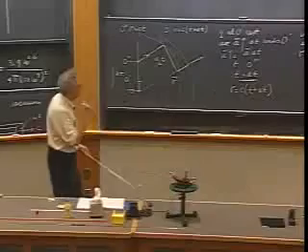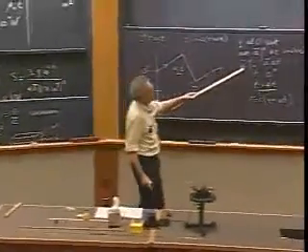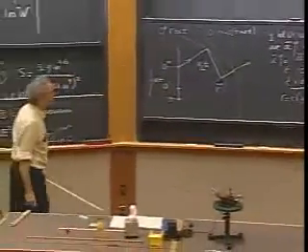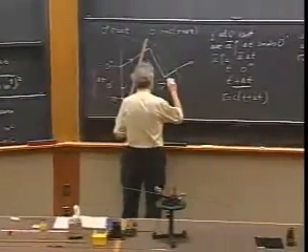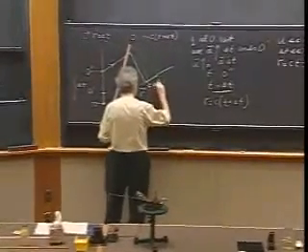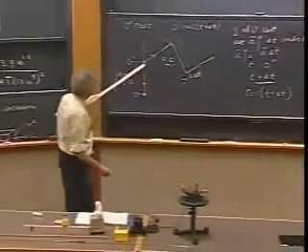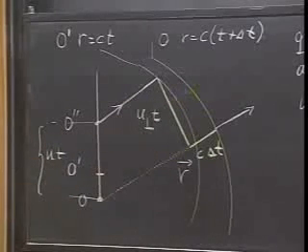So u perpendicular is the component of the vector u perpendicular to my position vector r. And this little section here, of course, has thickness c delta t. That is the difference in this radius and this radius, c delta t. So look at this green triangle.